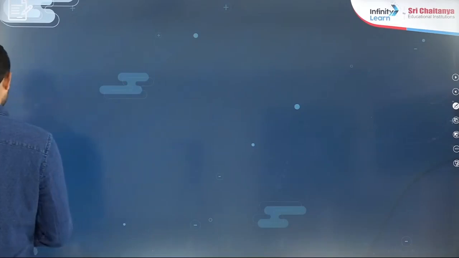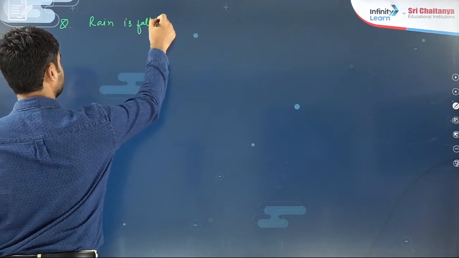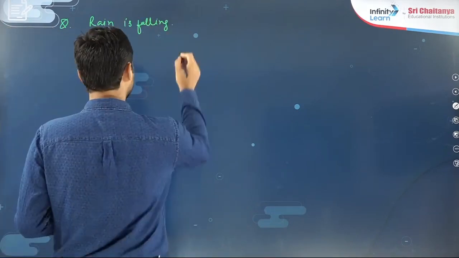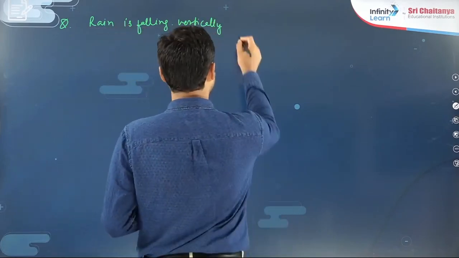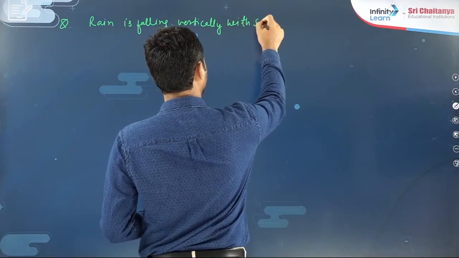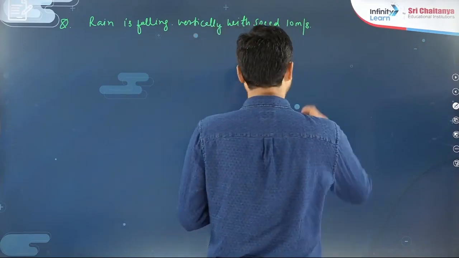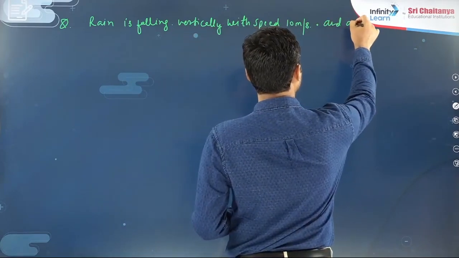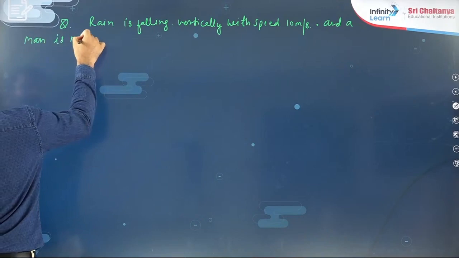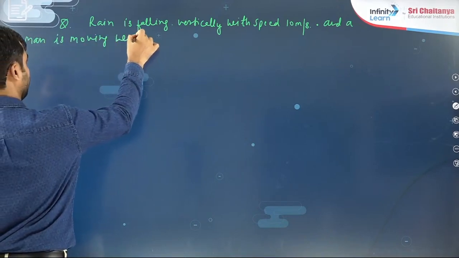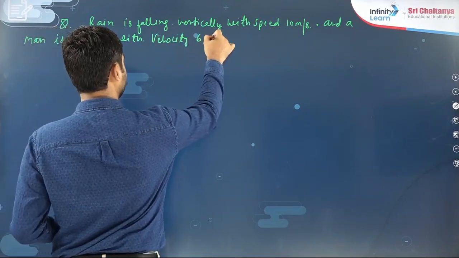Okay, write this question. What is given? Rain is falling vertically with speed 10 meter per second, and a man is moving with velocity 6 meter per second.